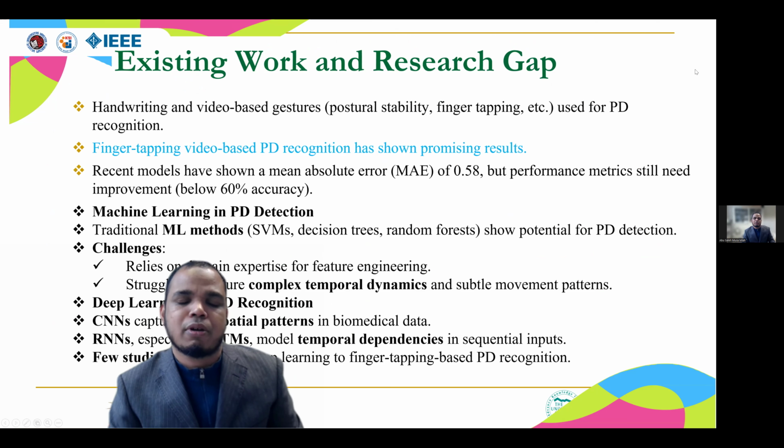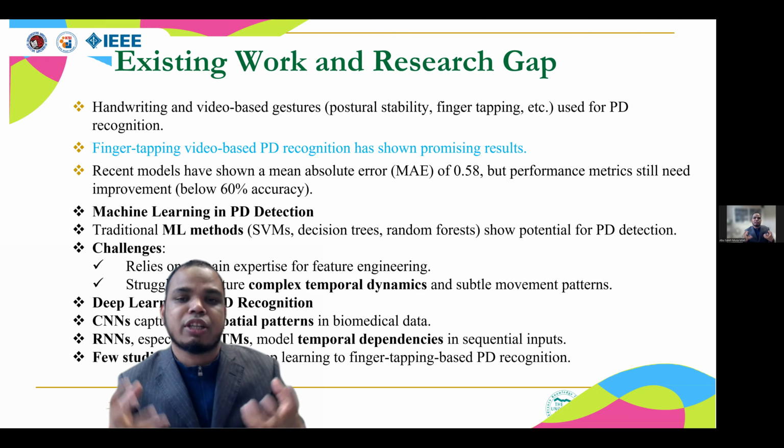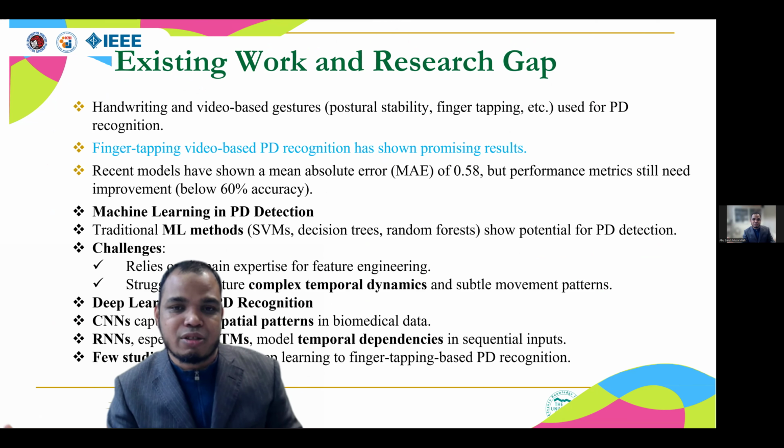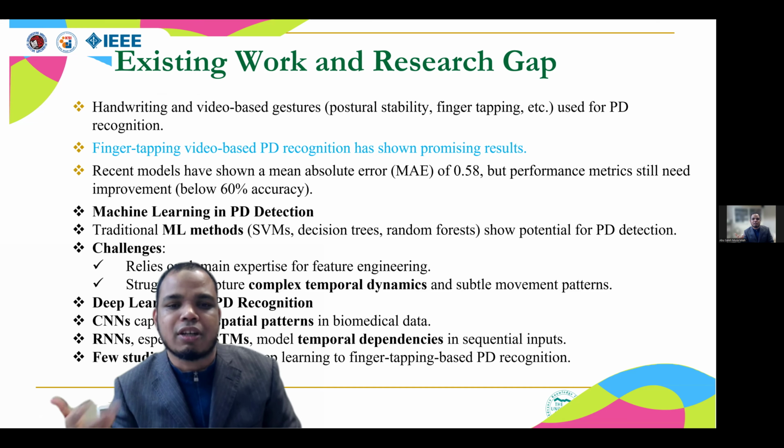Many people are working on Parkinson's disease recognition using handwriting and other datasets, and also video-based gestures. Especially finger tapping video-based methods have achieved some accuracy, but it is difficult to deploy the system in real time. Recent models show about 60% accuracy, which is difficult to improve.